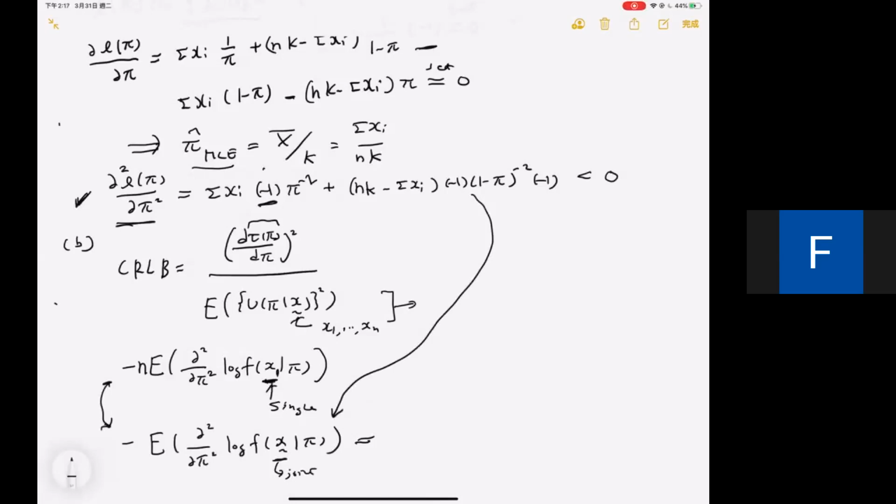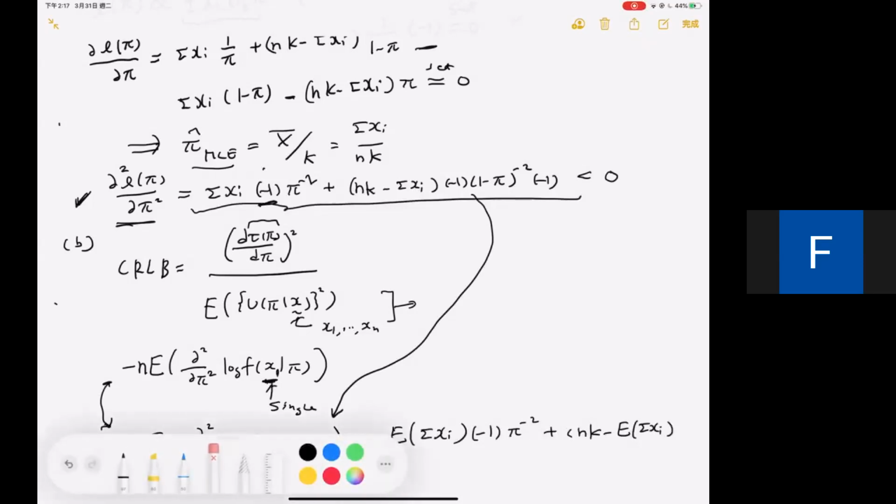Okay. Then it turns out to be what? So if I take expectation on the whole thing, equals to what? You do have summation xi, then minus pi minus 2. And then you also have what? Also plus nk minus expectation summation xi right here.